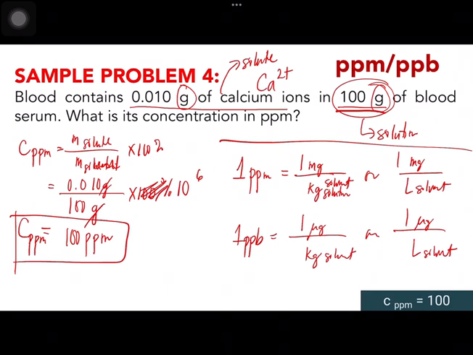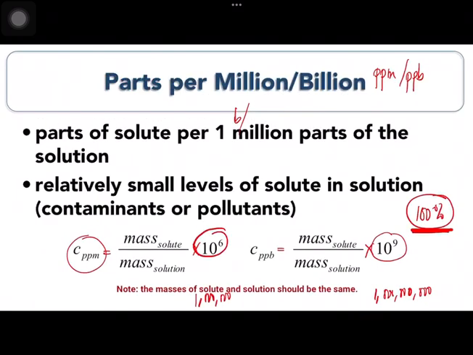Okay? So in our lecture tomorrow, we will just give other sample problems. So I hope you watch this first so you can keep up with our calculations for tomorrow. Okay? So just to wrap up, we were able to discuss parts per million and parts per billion and gave an example of that.